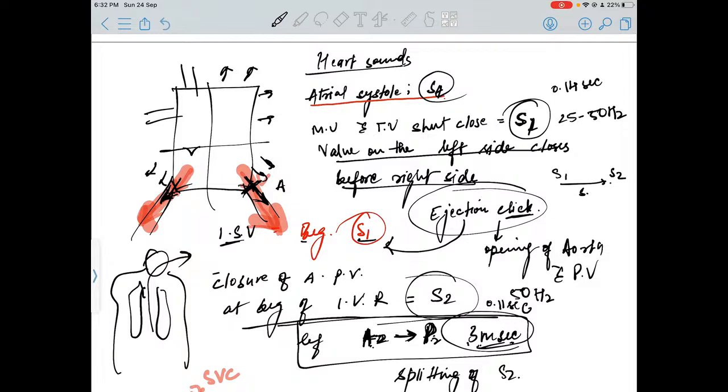Fever and pregnancy are also included, but pathologically, if there is left ventricular failure, right ventricular failure, heart disease, valvular disease, thyrotoxicosis, or anemia.